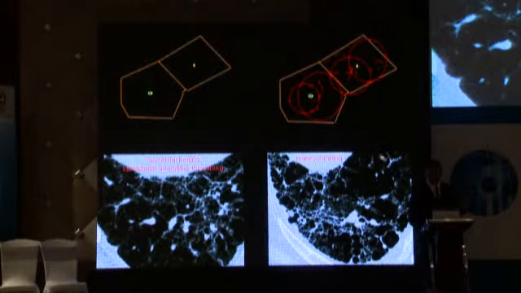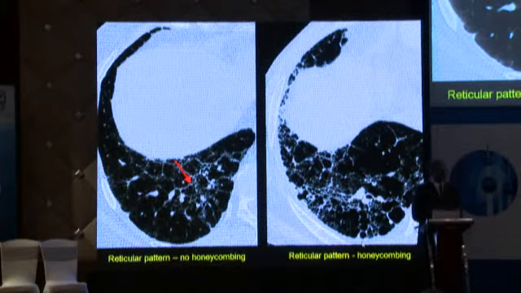So here, this seems to be normal because we don't see any gray stuff within the secondary pulmonary lobule. Here we see some gray stuff which implies an interstitial process, and here we have honeycombing which implies destruction of the alveoli and pretty much an end-stage process.